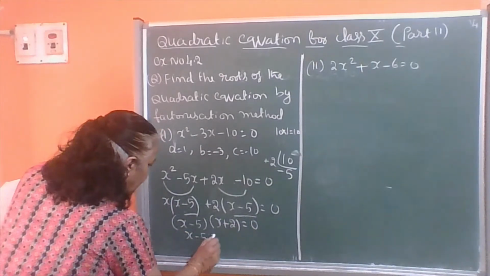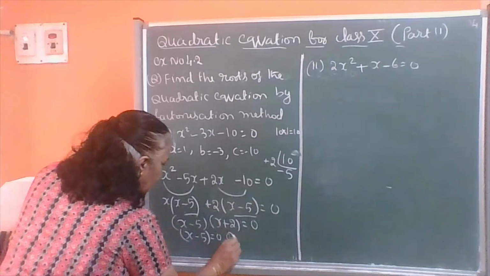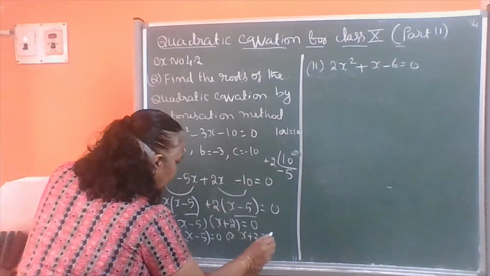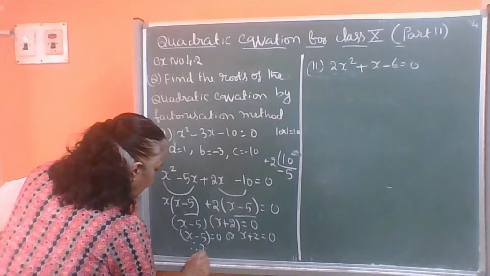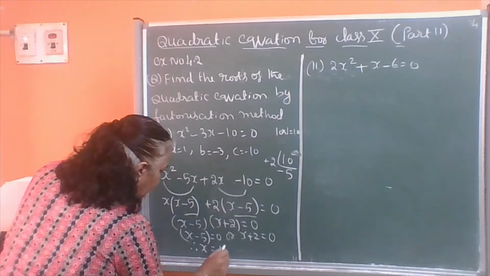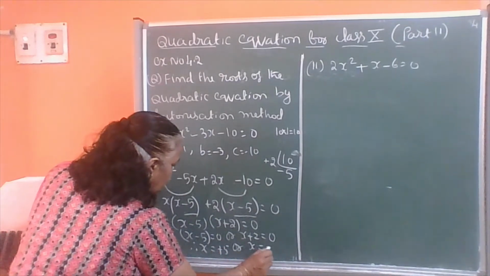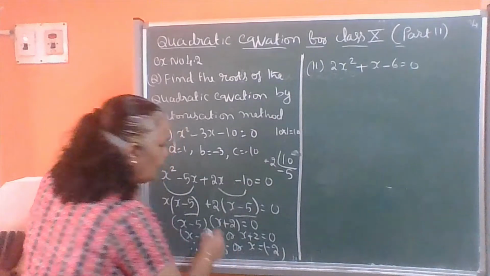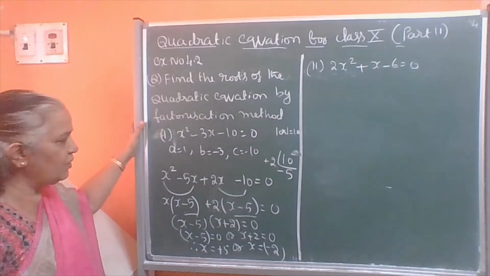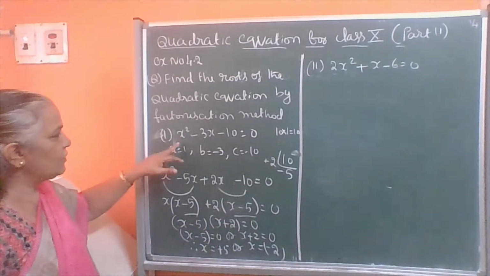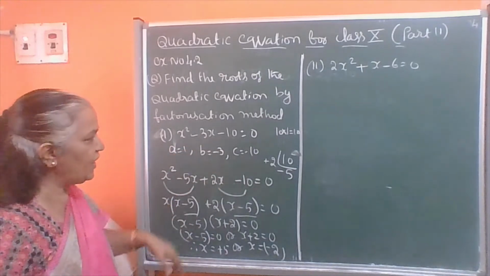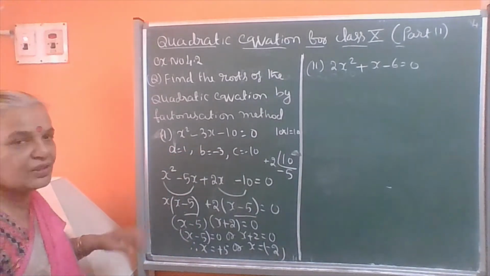So x minus 5 is equal to 0 or x plus 2 is equal to 0. Therefore, x equals plus 5 or x equals minus 2. These are the roots of the equation x square minus 3x minus 10 equal to 0.